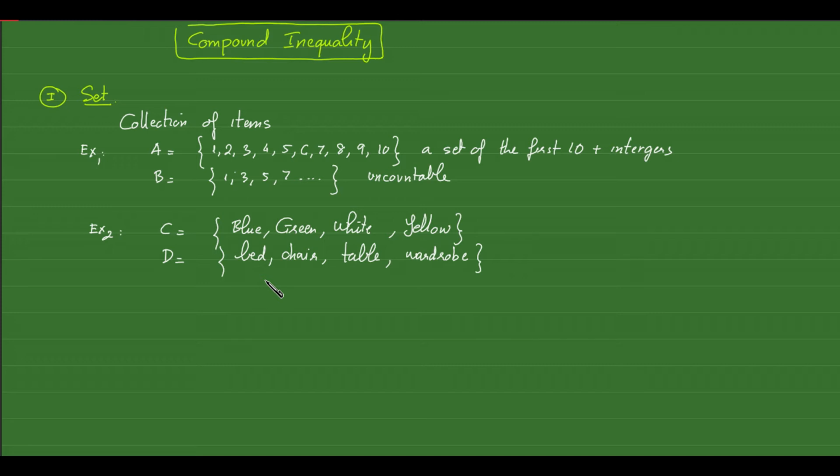So now, after we learn what a set is, I want to talk about the concept of intersection, the second part: intersection and union. First of all, let's talk about intersection.